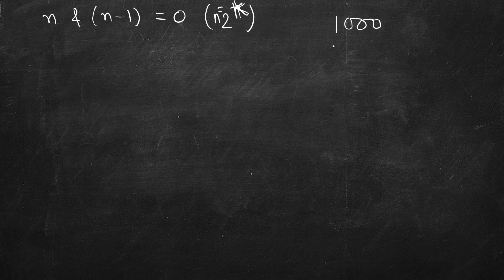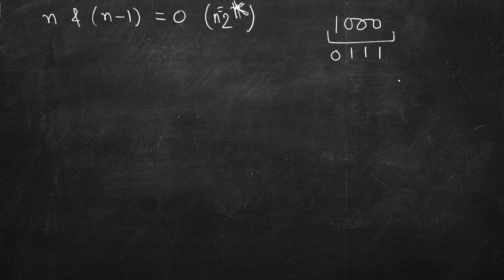So we already know that n AND n minus 1 is 0 for powers of 2. If n is a power of 2, then n AND n minus 1 will be 0. Why is it so? Because for any power of 2, if you subtract 1 from it, it will become all bits 1 and this bit 0.